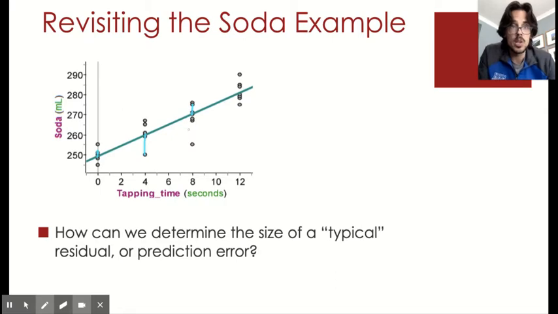This is going to sound a lot like the idea of standard deviation. Standard deviation was typical distance from the mean. Well, what we're going to look at in this lesson is the standard deviation of the residuals, how far off each of these dots is from the line of best fit.